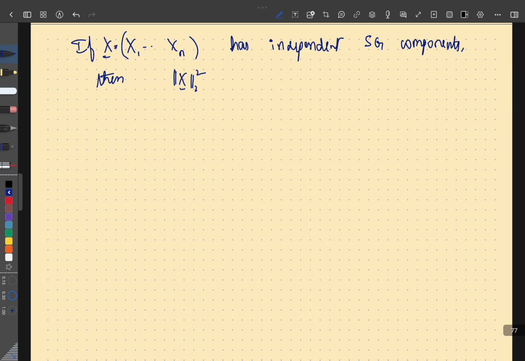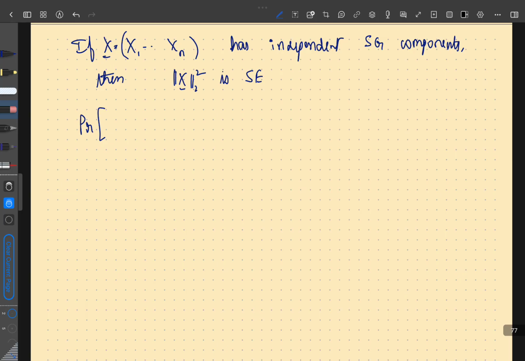Then the L2 norm square of x is subexponential. And again, just using Bernstein's inequality, let's maybe do this step by step. So the L2 norm square of x is subexponential.